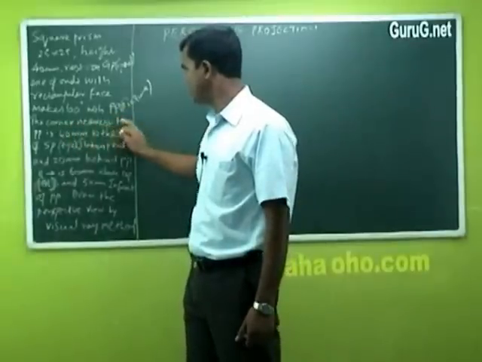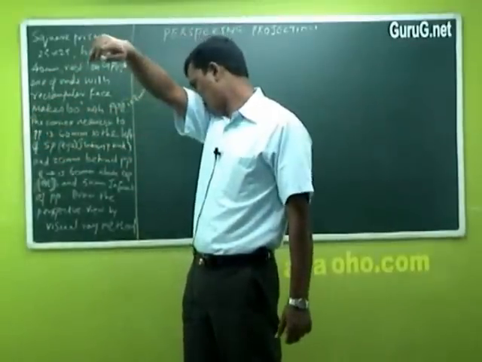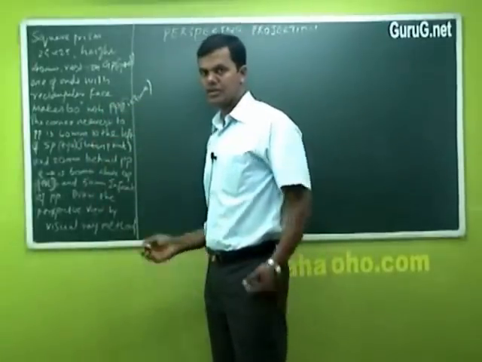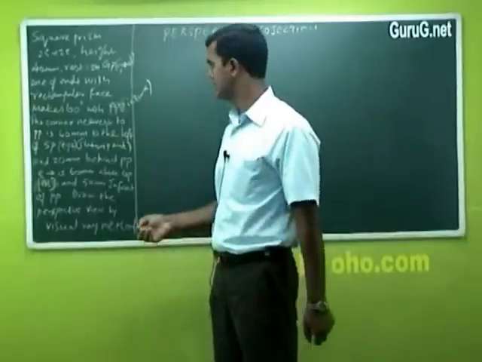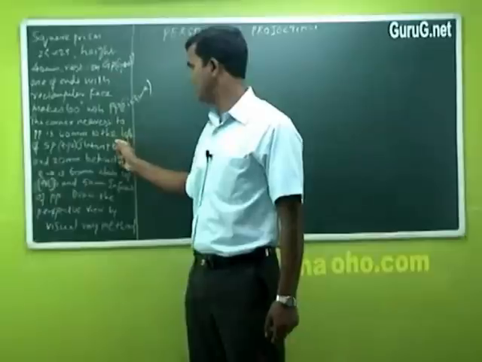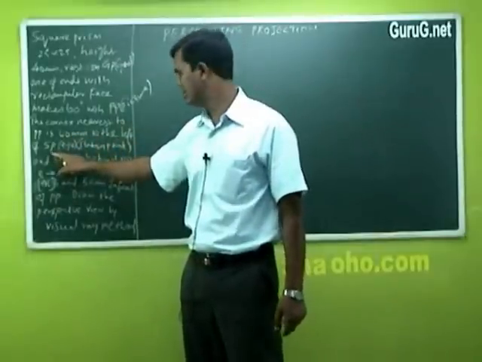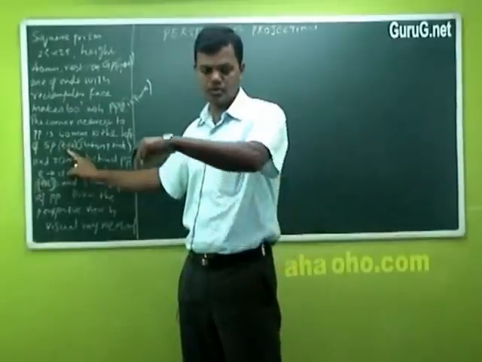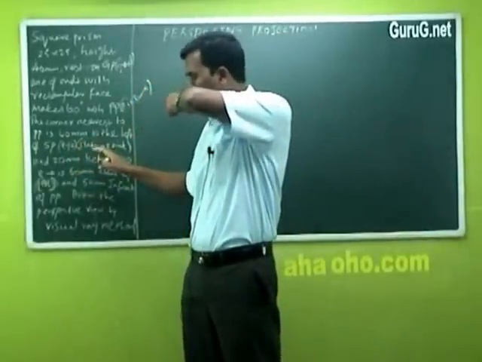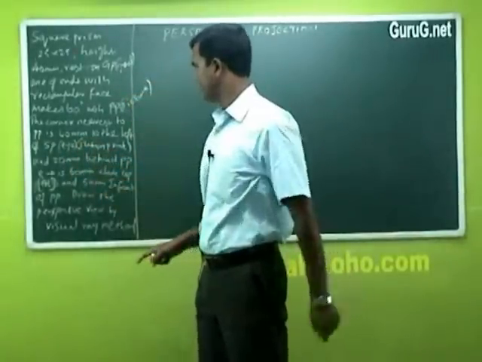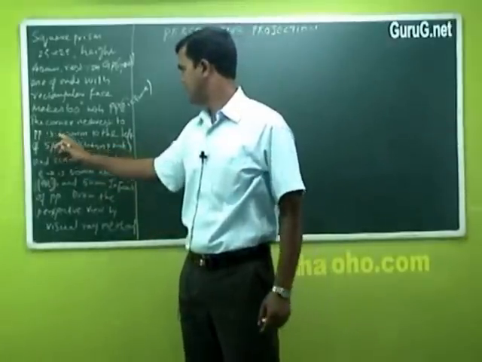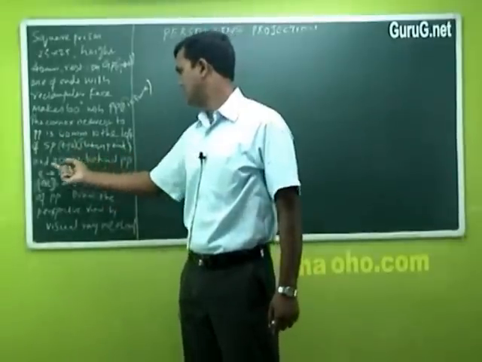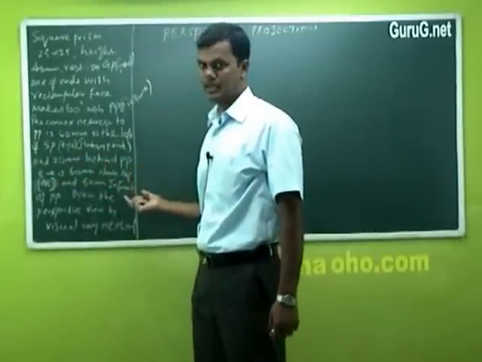It rests on GP, meaning ground plane or ground line, and makes an angle of 60 degrees with PP. The corner nearest to the PP, when it is making 60 degrees to this picture plane, is 40 millimeter to the left of SP. SP is station point, or otherwise called eye level or E. It is 40 millimeter to the left of SP, and 20 millimeter behind PP.